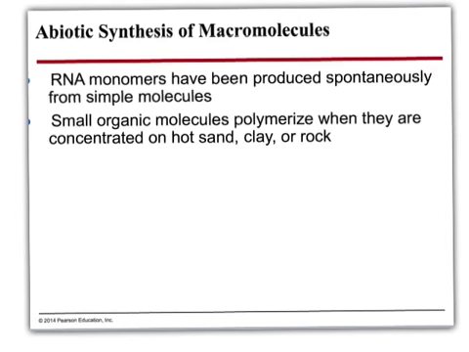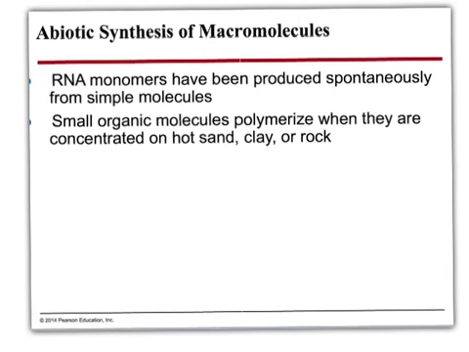So here's your abiotic synthesis of macromolecules. RNA produced spontaneously, right, and small organic molecules can synthesize when they're on some surfaces, right? So on early Earth, there's really this melting pot of chemicals that are interacting, right?